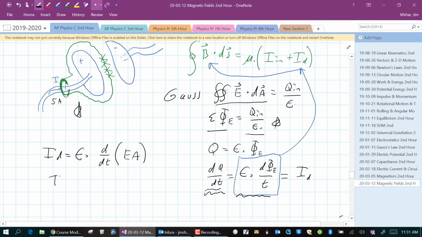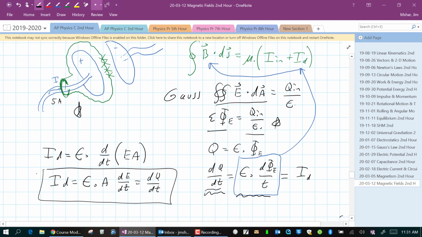So we rewrite this as displacement current equals epsilon naught A dE/dt, okay? And that's equal to dQ/dt. That's the rate that you're charging the capacitor plates, okay? So in the next video, we're actually going to do a calculation with this.